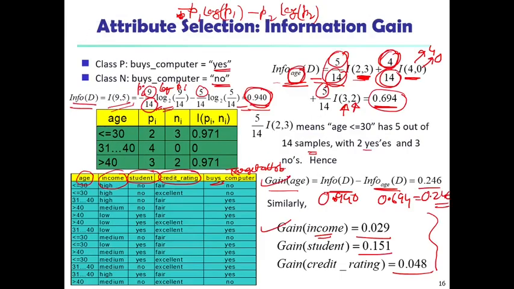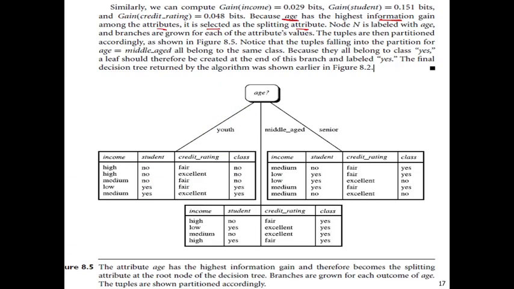Because age has the highest information gain among the attributes, it is selected as the splitting attribute. Node N is labeled with age, and branches are grown for each of the attribute values. The tuples are then partitioned accordingly as shown in figure 8.5.